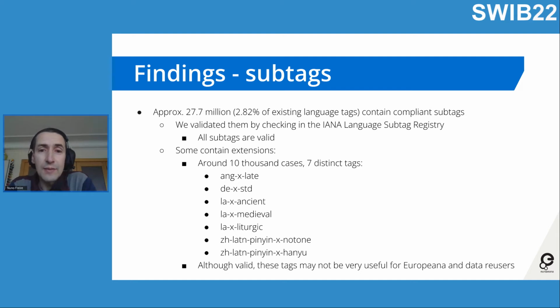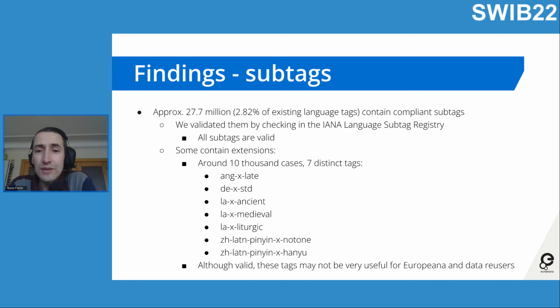Regarding subtags, we detected around 27.7 million language tags containing subtags. And it appears that data providers, when using subtags, know what they are doing. And in this case, all the subtags were found to be valid.